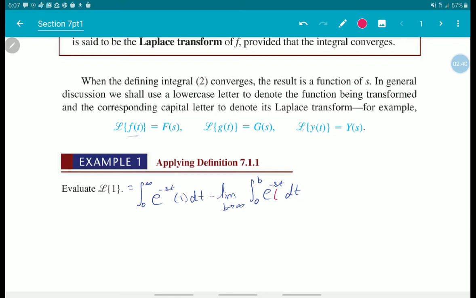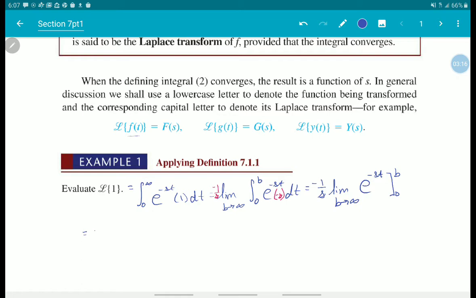Thinking about a u substitution here, if u is negative st, then du would be negative s dt. We are missing the negative s. We can compensate with a negative 1 over s out here. So now when we integrate, integrating e to the u becomes e to the u, and then we need to evaluate from 0 to b.